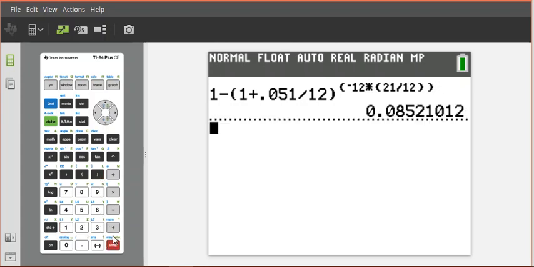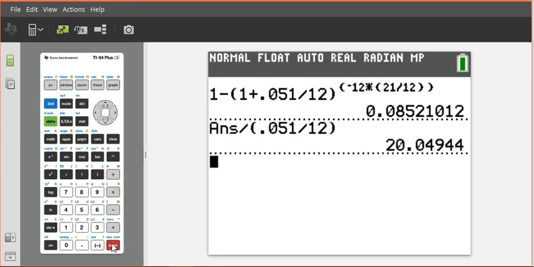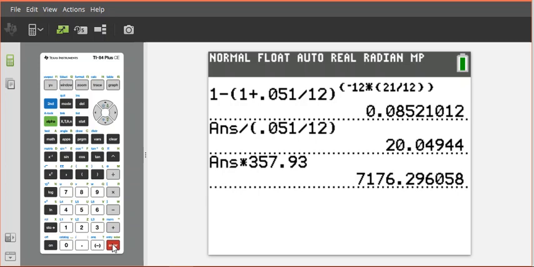There's the numerator. We need to divide by the entire denominator, so I'm going to hit the division key, open parentheses, put r over m in parentheses. That gives me the quantity in brackets. Now I can multiply by the monthly car payment, which is $357.93.